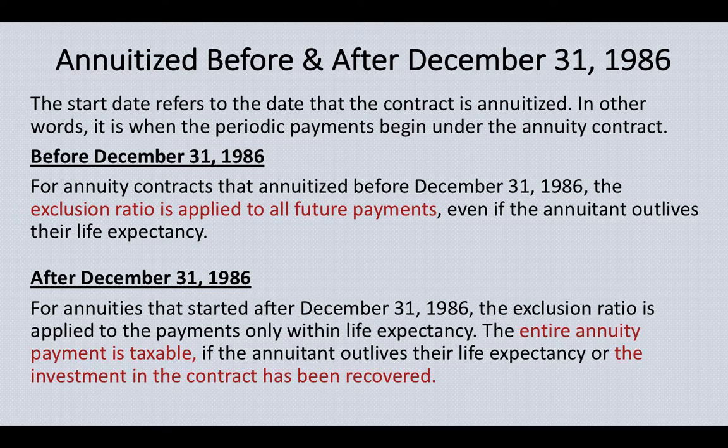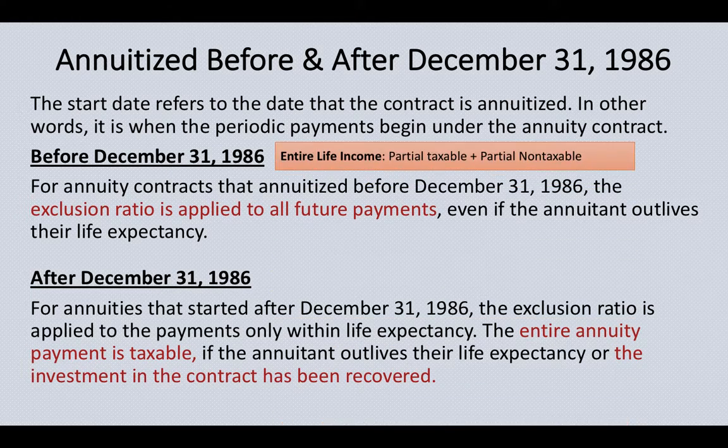Her original $1,000 exclusion will no longer apply. So that's just something you want to know. For both fixed and variable annuity, this situation applies. So this is a summary.